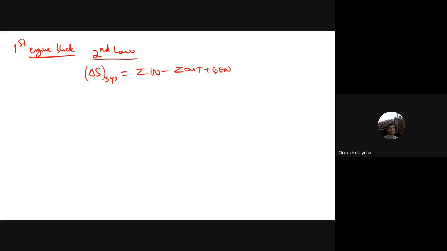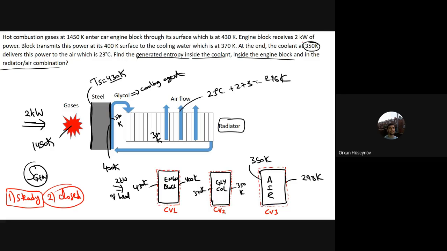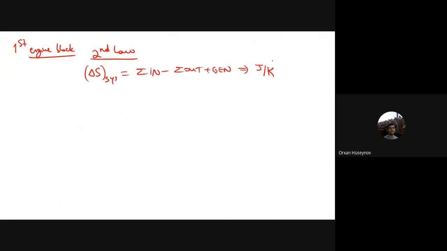And when you work with this one, you will have the units of joules per Kelvin. In the question, it is given as kilowatt, or the rate of it. Therefore, I will write this as dS/dt of the system will be equal to S_in dot minus S_out dot plus S_generation dot.